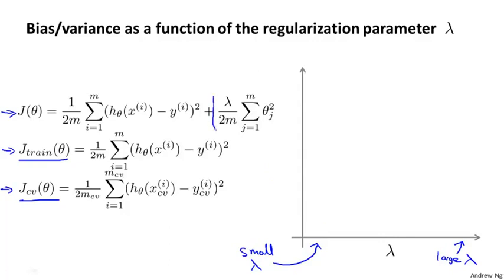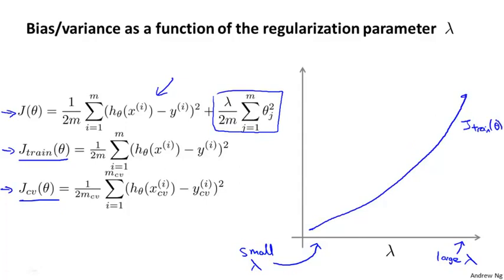So for small values of lambda, the regularization term basically goes away and you're just minimizing pretty much the squared error. So when lambda is small, you end up with a small value for J train. Whereas if lambda is large, then you have a high bias problem and you might not fit your training set well, so you end up with a value up there. So J train of theta will tend to increase when lambda increases, because a large value of lambda corresponds to high bias, where you might not even fit your training set well, whereas a small value of lambda corresponds to if you can freely fit a very high degree polynomial to your data, let's say.